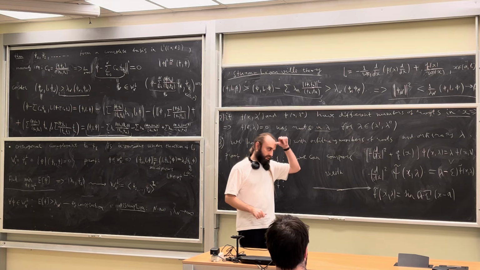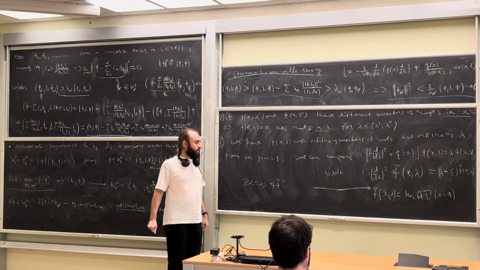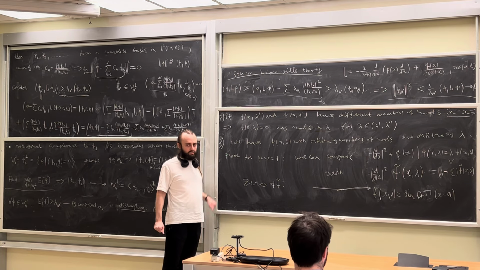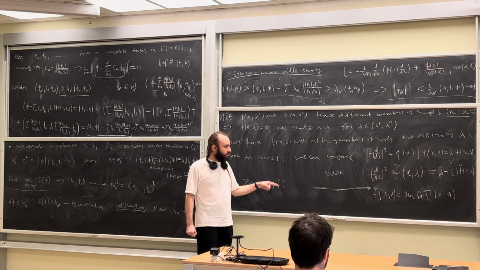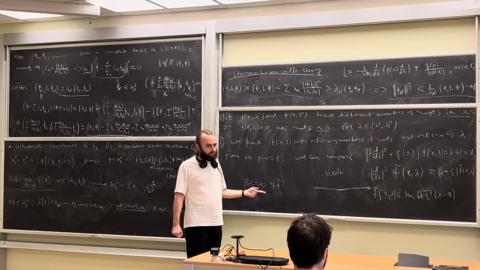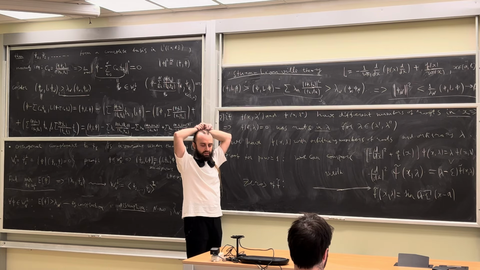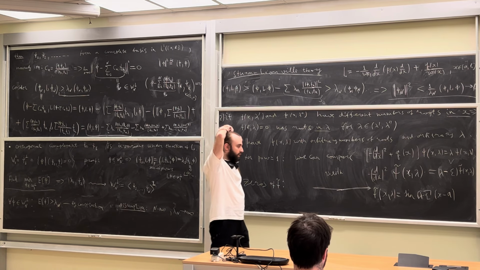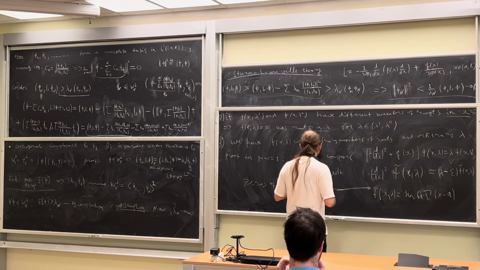Can you actually tell what its zeros are? What is the formula for all zeros of this function? N times pi plus a. No, there is this aspect.